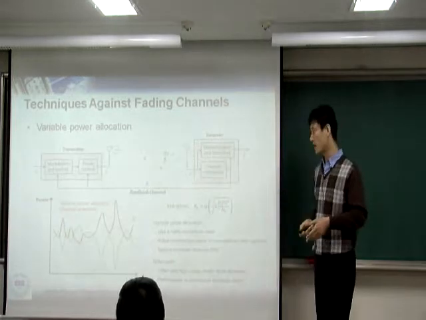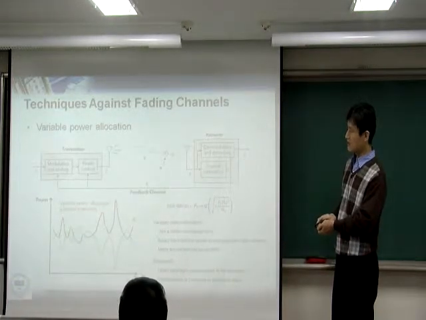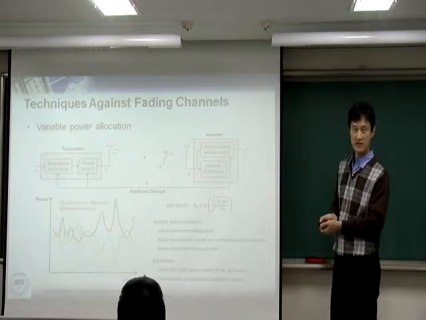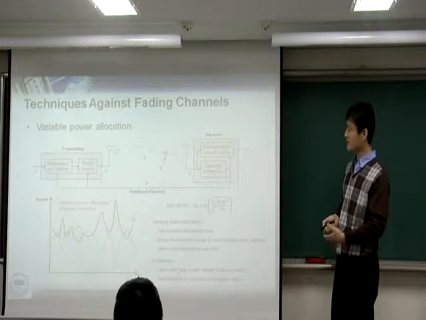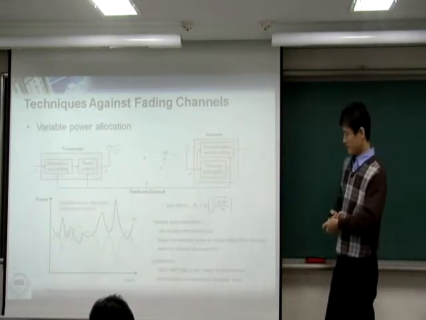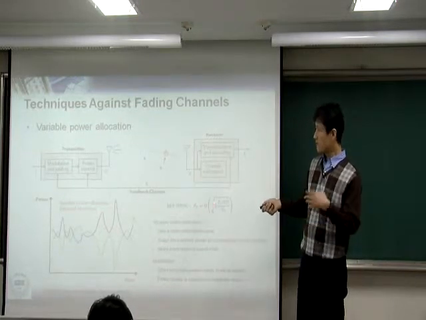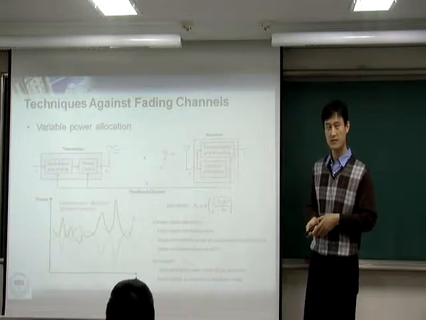That's one way you can apply it if you really want to try. But I don't see many systems using this technique. In fact, none. Just in the book, in theory, this is possible, but not really practical. But that's another possible way to mitigate the channel fading.